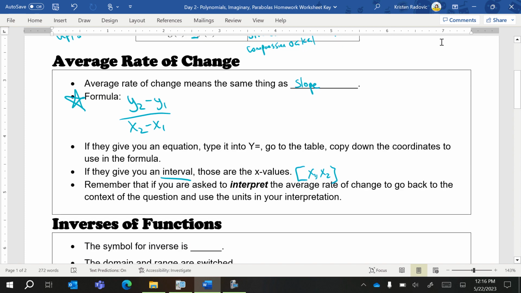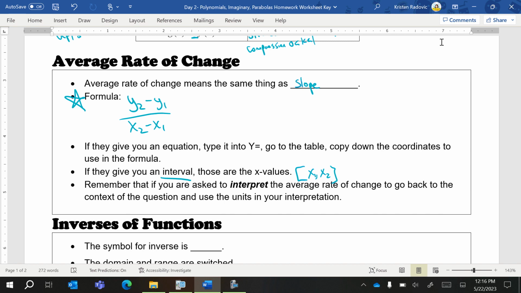Now, you do need to remember that if you're asked to interpret the average rate of change, usually they'll say explain. You have to write a full sentence, and you have to talk about what's actually happening in the problem. So if we're talking about the change in temperature and the average rate of change is 2, you need to say that on average, the temperature is increasing by 2 degrees per month, or whatever we happen to be talking about.